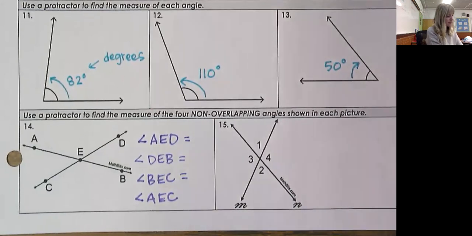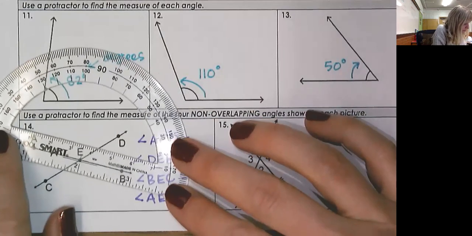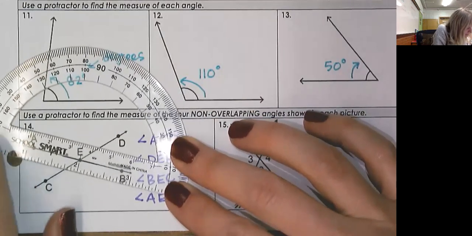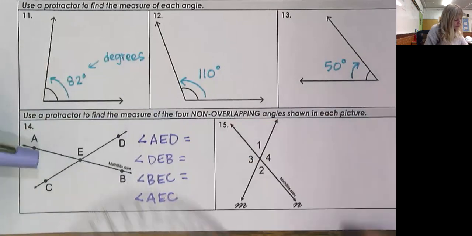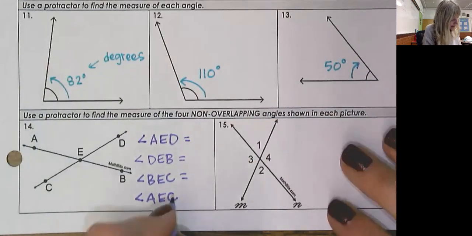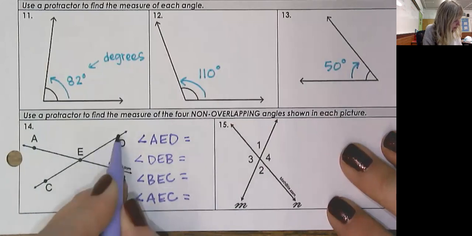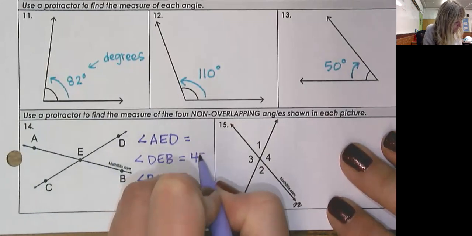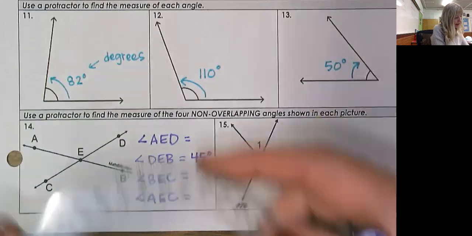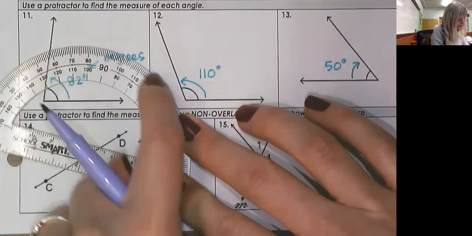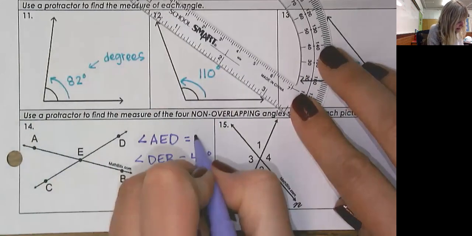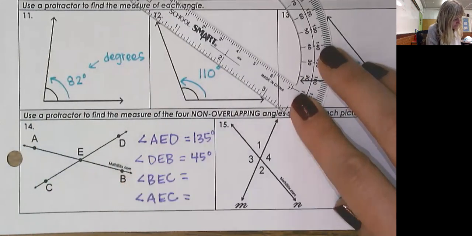Now, when I measure these with a protractor, I'm going to hopefully notice a couple of things. So when I measure this one, I see about 45 degrees. That was angle BED or DEB. This one was 45 degrees. And this one, I measure on the other side, which brings me to AED, 135 degrees.